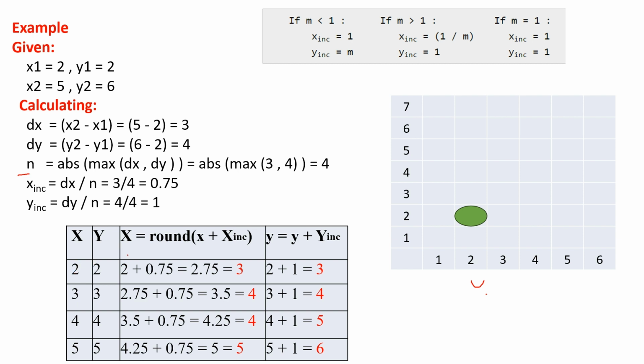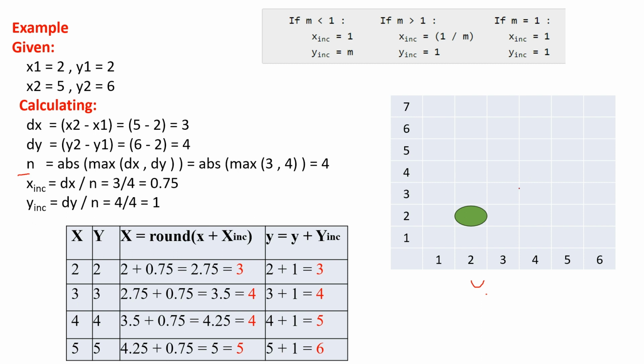Next we calculate the new x point. The original x is 2, plus the x increment value 0.75, which gives 2.75. 2.75 is approximately 3 in fixed representation.